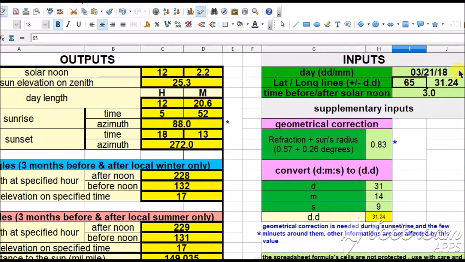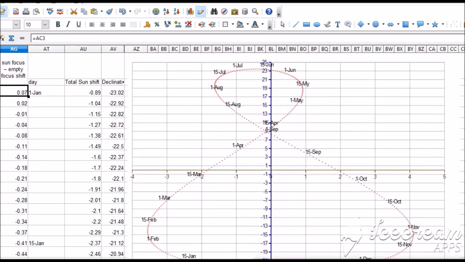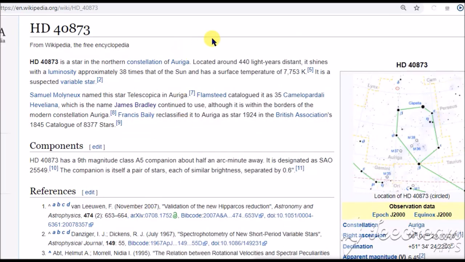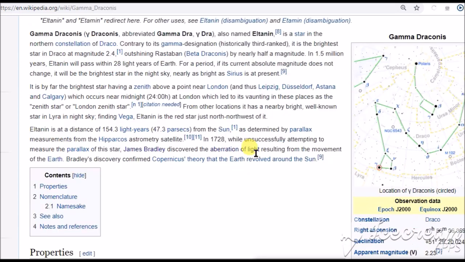So anyway, I put the date 21st of March, and here is, oh sorry, this one, yeah, this one. So the right ascension for which star are we going to look at? Let's go for Draconis first.